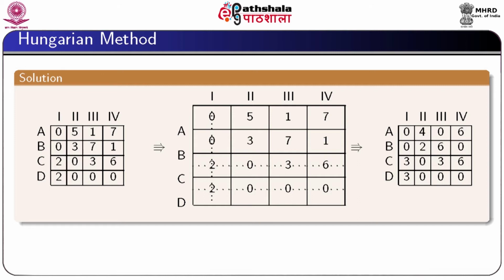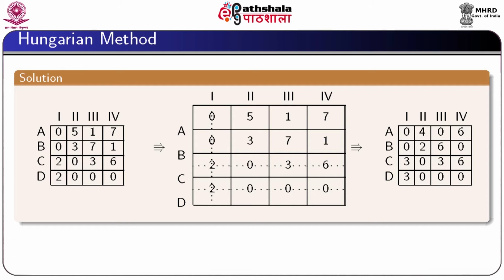So, now in the second table, we draw the least number of horizontal and vertical lines covering all the zeros. We see that to cover all the zeros, we need only 3 lines, but since the number of horizontal and vertical lines is not equal to the order of the matrix, the optimality condition is not satisfied. So, we proceed to the next step.